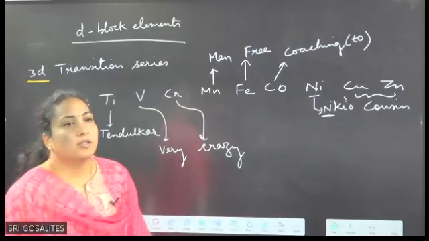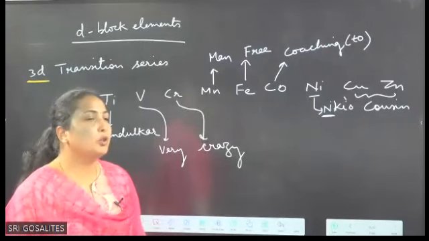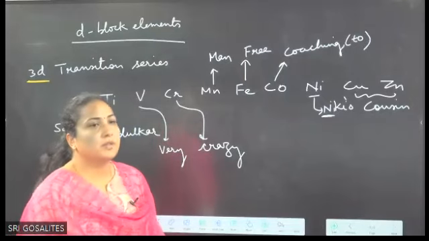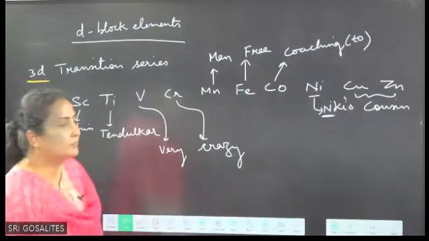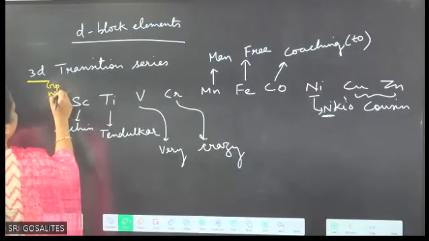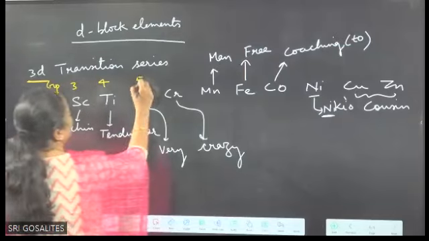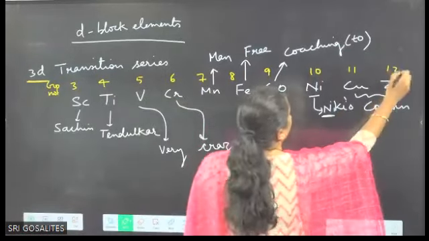Yes, I'll tell you what is 3D. If you know about SPDF, then you will be able to understand this. And somebody is asking about the group number, right? Their group numbers are 3, 4, 5, 6, 7, 8, 9, 10, 11, and 12.